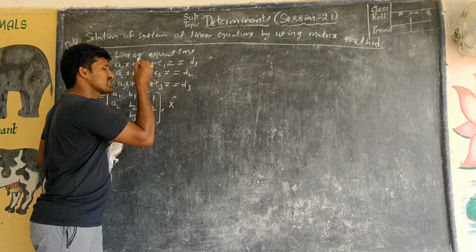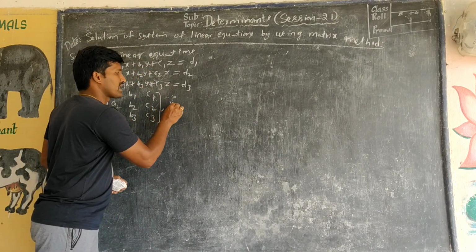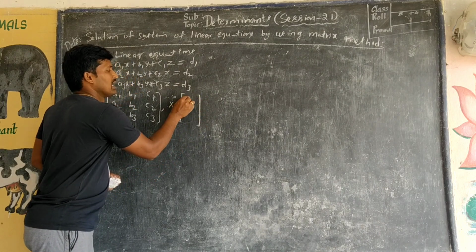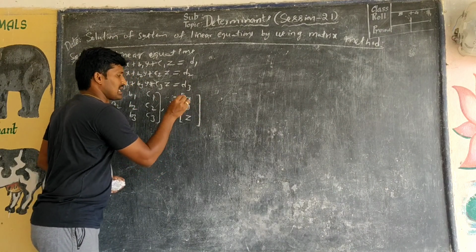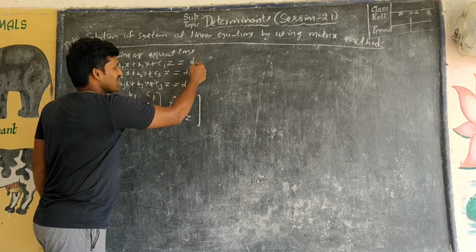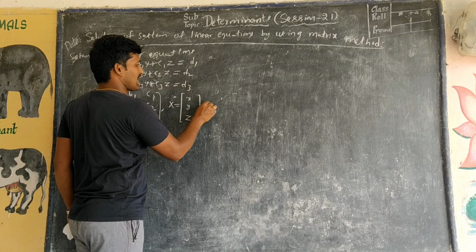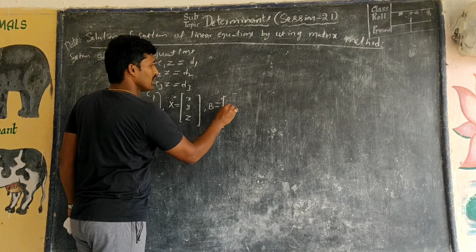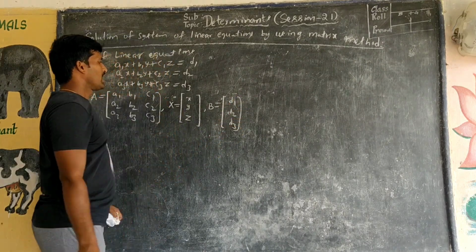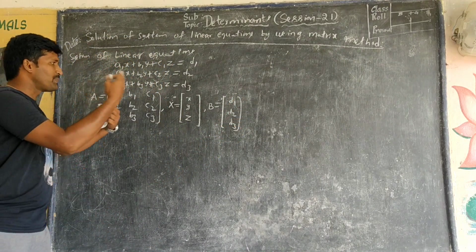Next, the solution matrix X, a column matrix containing the elements x, y, z. What remains on the right side, d1, d2, d3, I take as the matrix B. Now I express it as A, X, B.